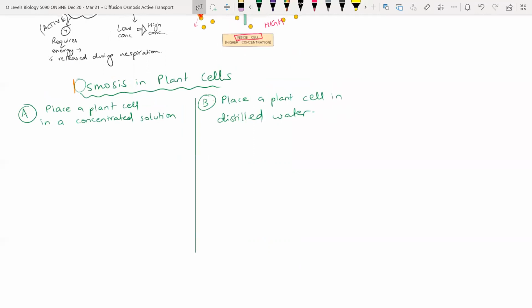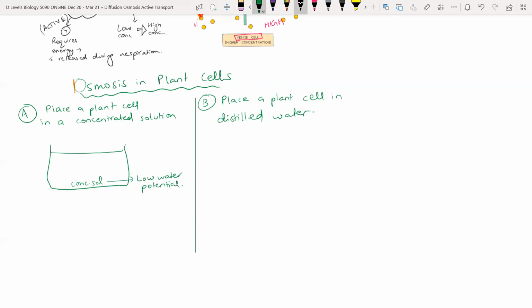Now I will draw a diagram first. So for example, if that's a beaker, and it has a concentrated solution, which means what? That it has low water potential. The concentration of water in it is low. That's what it means.